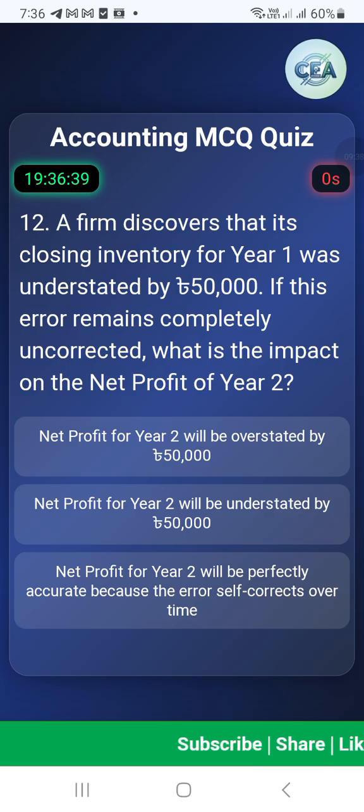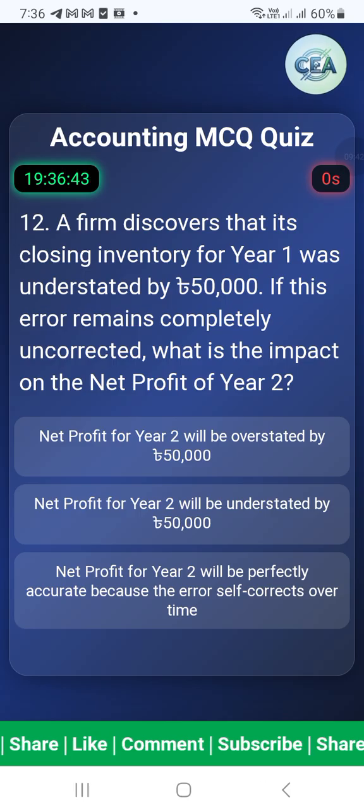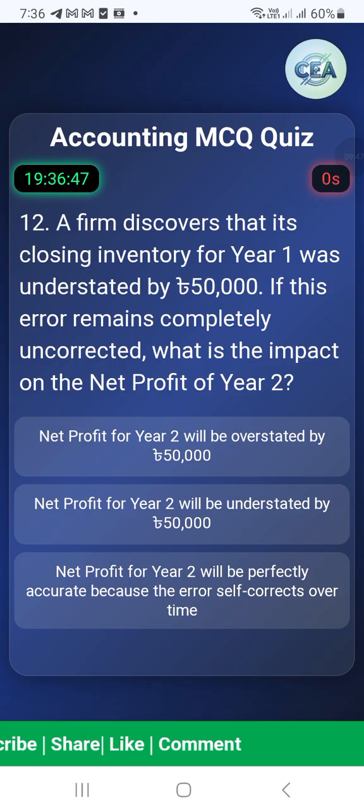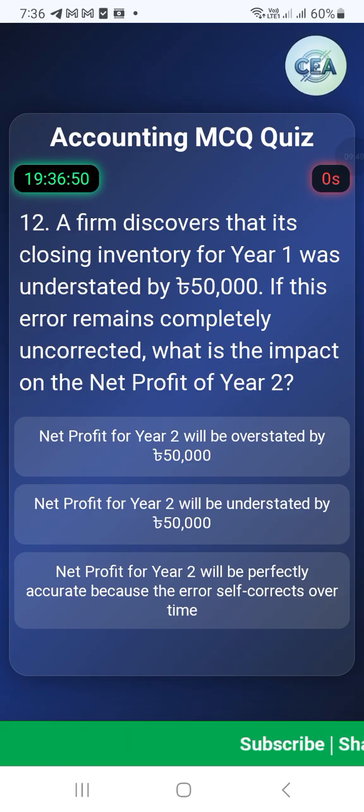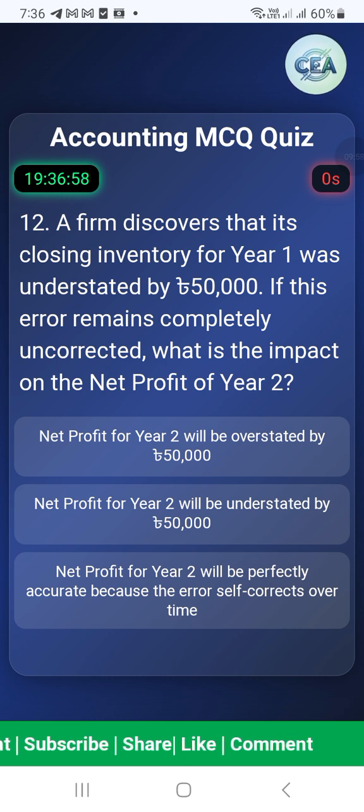12. A firm discovers that its closing inventory for year 1 was understated by 50,000 takas. If this error remains completely uncorrected, what is the impact on the net profit of year 2? Option 1. Net profit for year 2 will be overstated by 50,000 takas. Option 2.